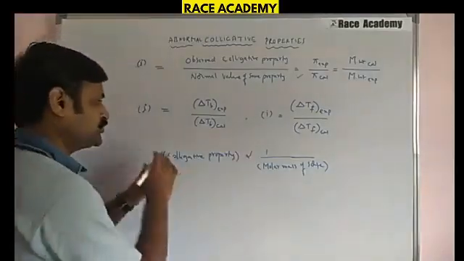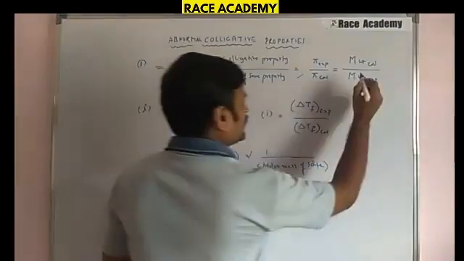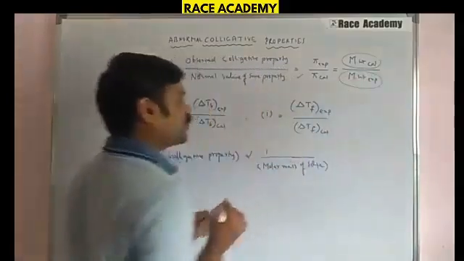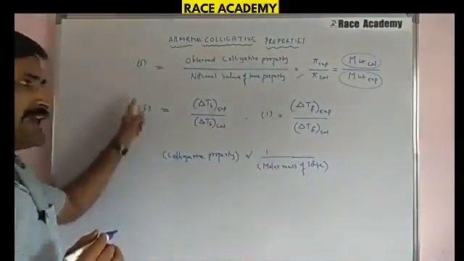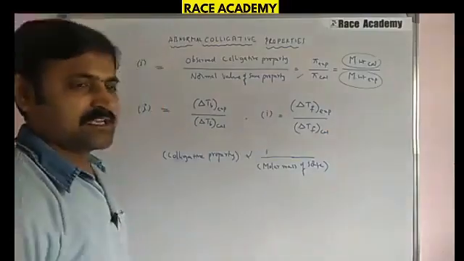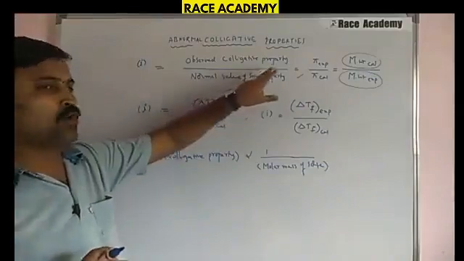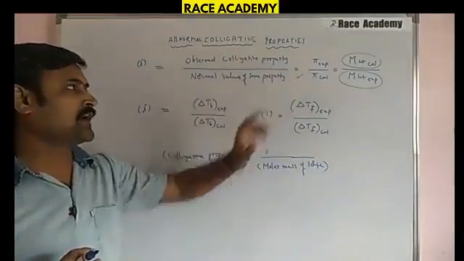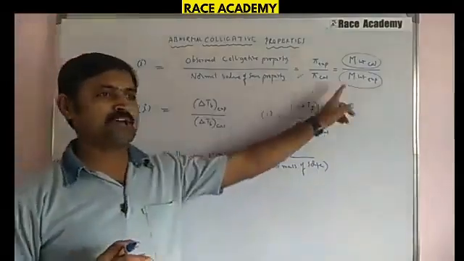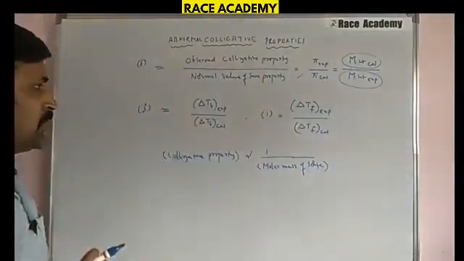So using this relation, we wrote that the molecular weight calculated by molecular weight experimental is also called the Van 't Hoff factor. So how can we define the Van 't Hoff factor? It is the ratio of the experimental colligative property to that of the normal colligative property, or the ratio of the calculated molar mass to that of the experimental molar mass.